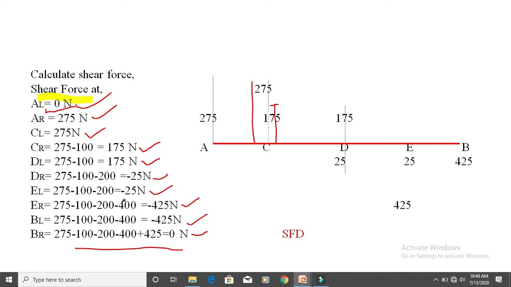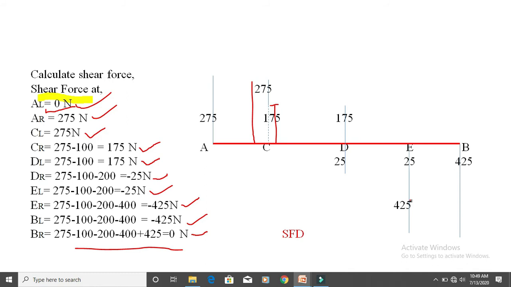The smaller value of minus 25 you should draw with a dotted line, and the bigger value of minus 425 should be drawn with a vertical line. This is minus 425, and last, B left is minus 425.